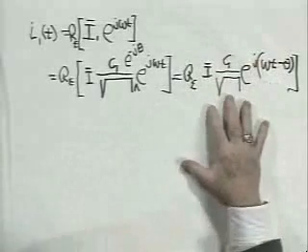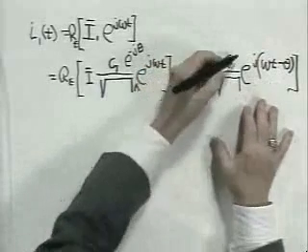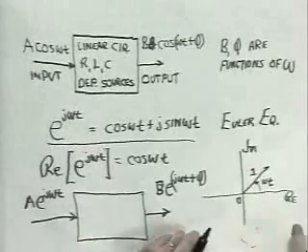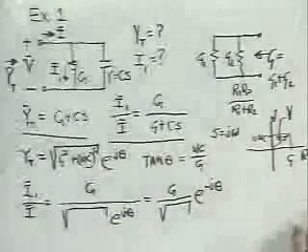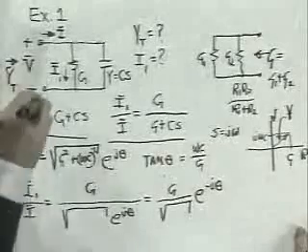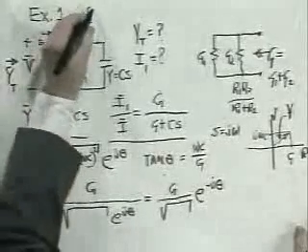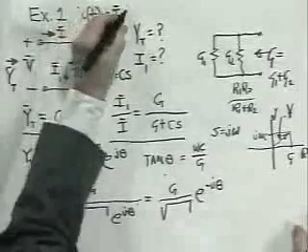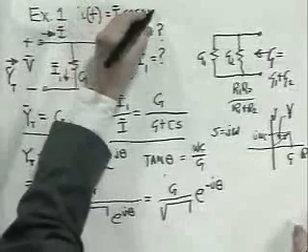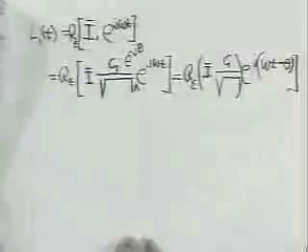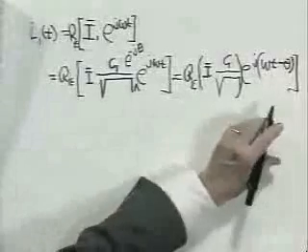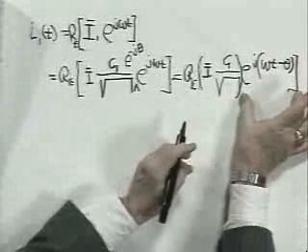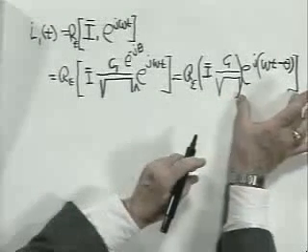This multiplier, this portion of it, is a real number. I'm assuming here that I bar is the real amplitude of some time function at the terminals. In other words, I of t is equal to I bar, in this case a real number, cosine omega t. You know how to take the real part of this. It's just cosine of omega t plus phi. All the complex portion of it is over in the exponential.